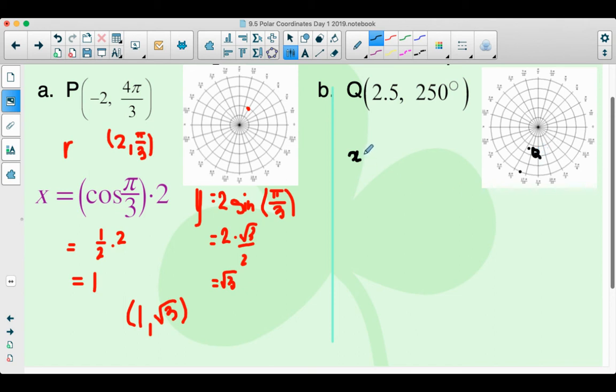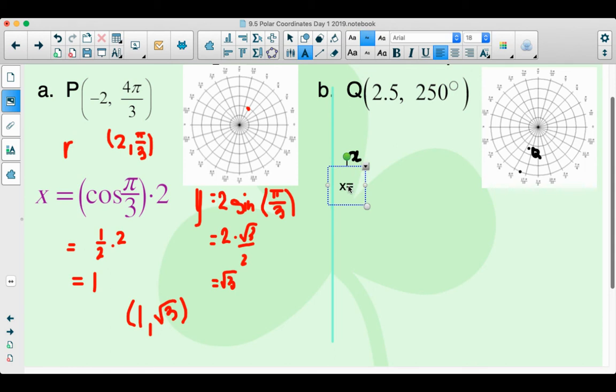So X is going to be equal to 2.5 times the cosine of 250 degrees, and y is going to be equal to 2.5 times the sine of 250 degrees. Remember that that is not on the unit circle.